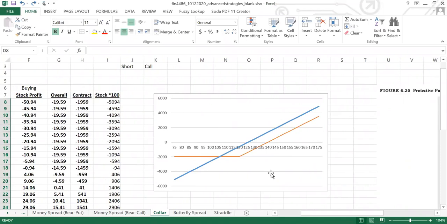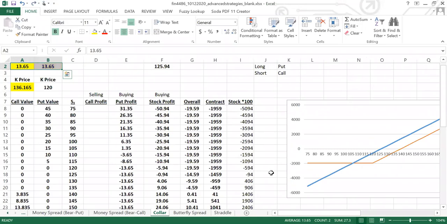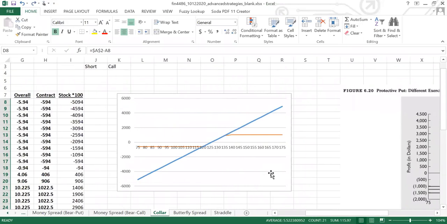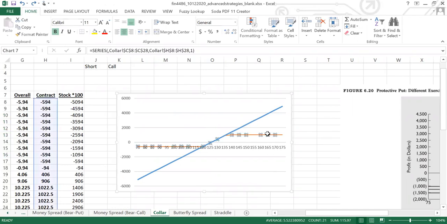We have limited losses, unlimited gains. The moment we eliminate the cost of the premium, so we pay it by writing this call option, now we have these three positions: stock, call, and put. Stock and put are long positions. We own them, and we write the call option. Then we no longer have that cost of the put option, but we have limited the upside too. Okay, so that is the collar.